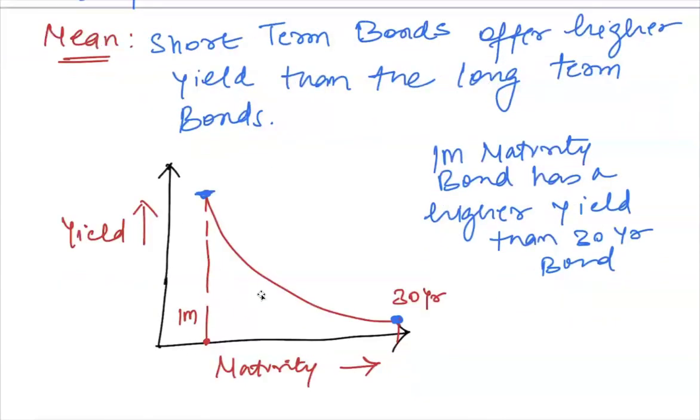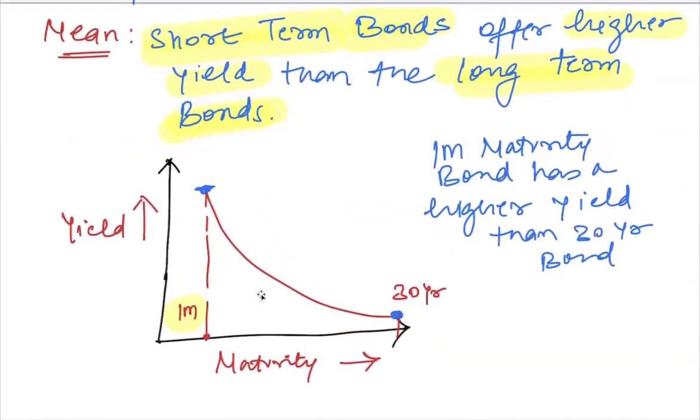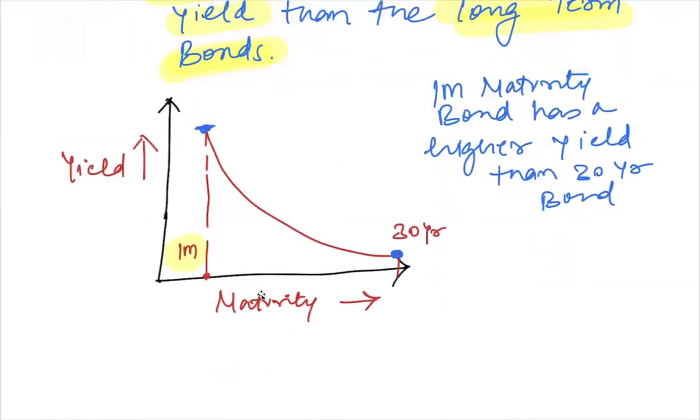And that is what the definition is. If you see what I have written: a short term bond, which is 1 month, offers a higher yield than the long term bond. So what does this shape signify to the economy? It basically signifies that a recession or economic slowdown is about to appear.